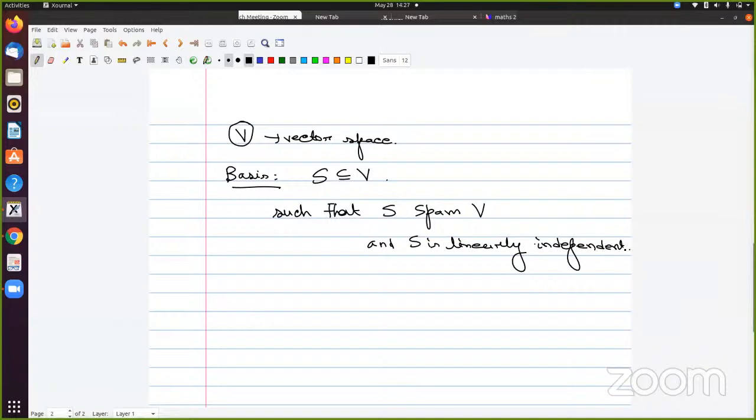So this set must be a spanning set of V, as well as a linearly independent set. If these two conditions hold, then we call that set a basis.